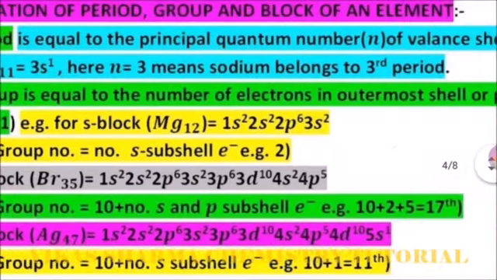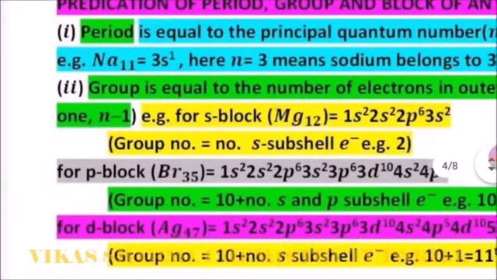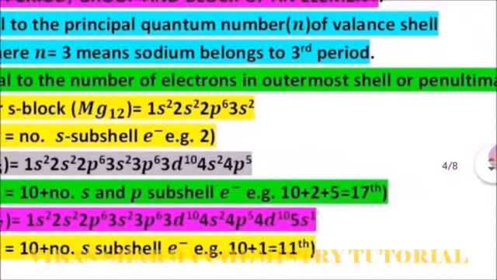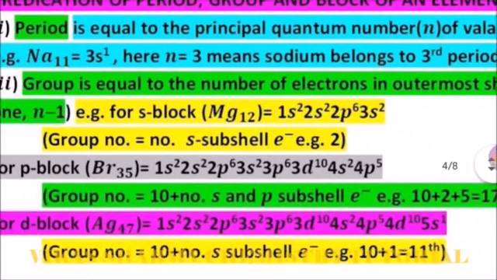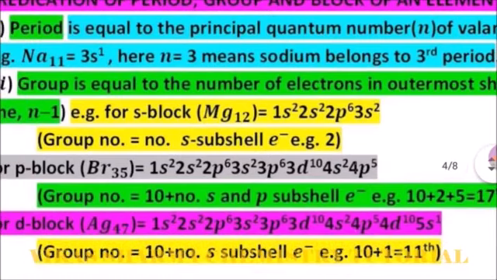And group is equal to the number of electrons in the outermost shell, or penultimate shell minus one, for s-block elements. Magnesium has electronic configuration 1s2, 2s2, 2p6, 3s2. So 3s2 means there are 2 electrons in the last subshell, meaning the group number of magnesium is 2. So we easily predict the group number of this element by showing the electronic configuration.